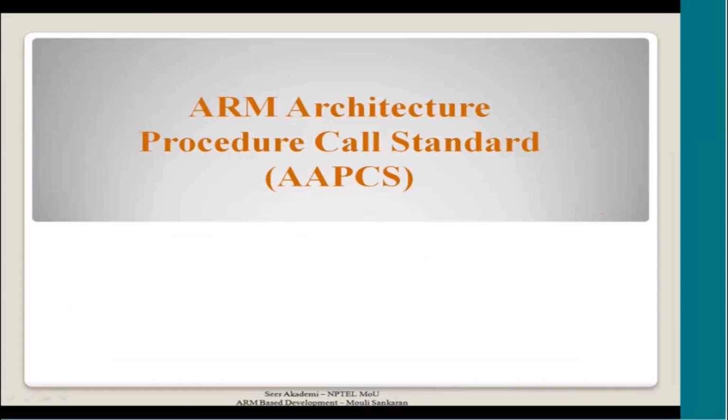So now our focus for this class is going to be to understand how we link a C source file and an assembly file, and how they talk to each other.